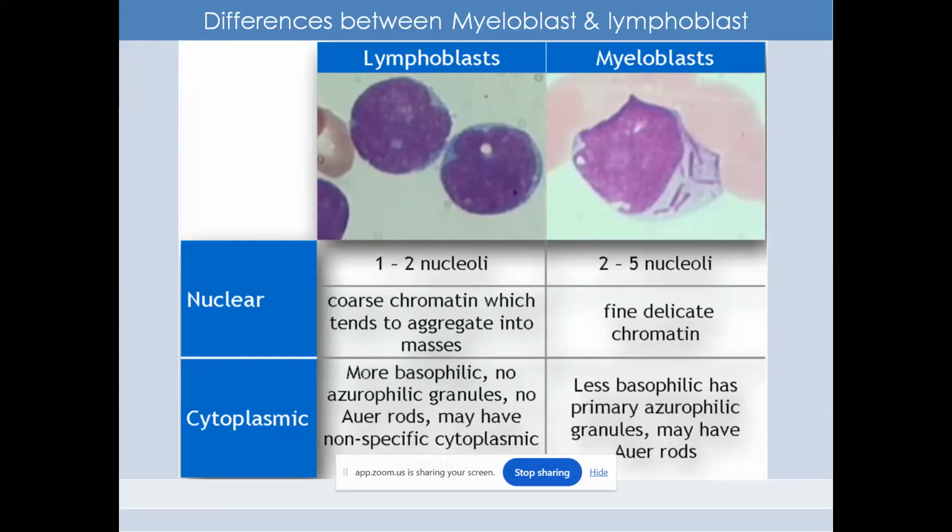This lymphoblast has one, two nucleoli, coarse chromatin, and is more basophilic without any azurophilic granules.